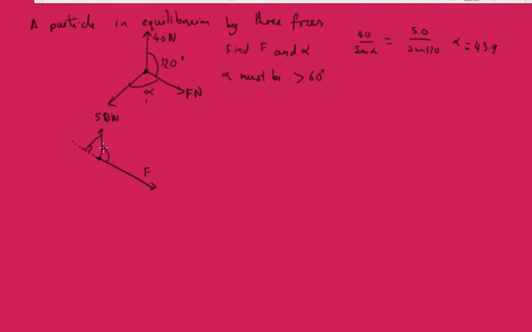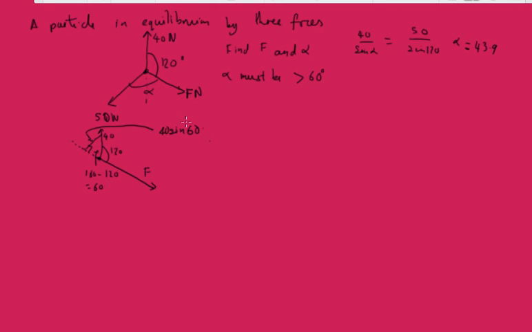We've got this 120, so this angle here must be 180 minus 120, which equals 60. So we can now find the force perpendicular. This is 40, so 40 sine 60 must be this component.